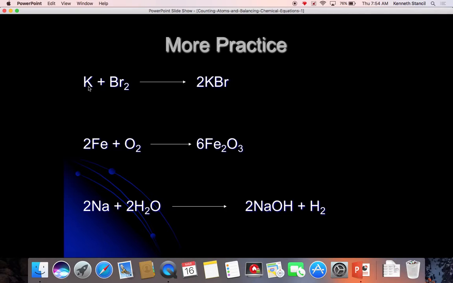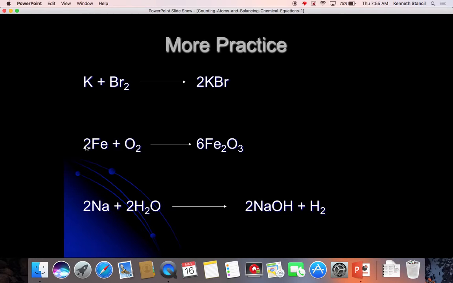How many potassium? How many bromine? How many potassium? How many bromine? Is it balanced? Nope. How many iron? How many oxygen? No. 2. That plus sign stops that 2.